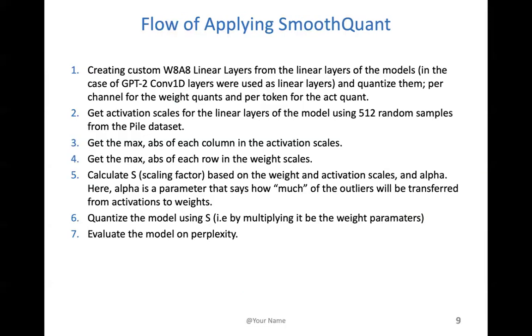Next, I wanted to talk more about the flow of how I applied SmoothQuant. So first of all, I had to create custom weight 8 activation 8 linear layers from the linear layers of the model.